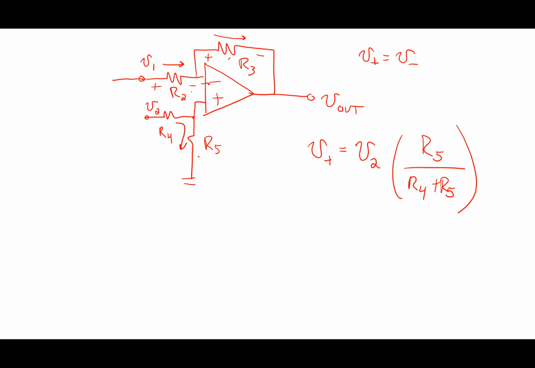I do the KCL here. So how would I write that? V1 minus V negative over R2 equals V negative minus V out over R3.